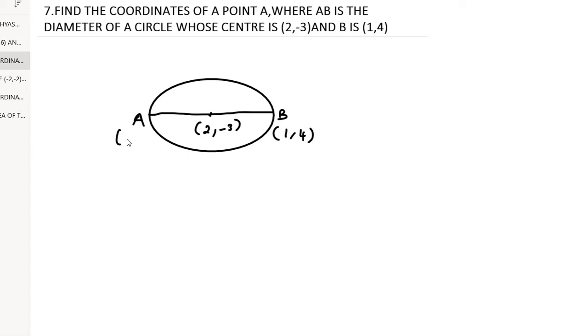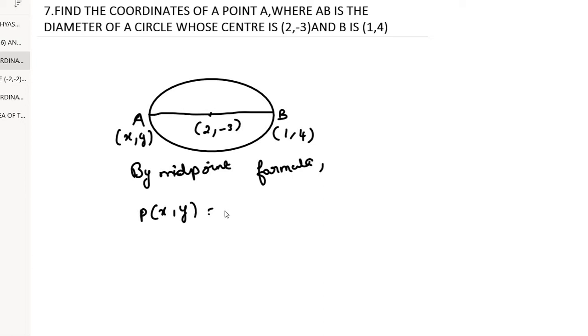So I don't know the coordinate point of A. So I'm taking (x, y). Same, I can use the midpoint formula. P of (x, y) is equal to (x1 plus x2) by 2, (y1 plus y2) by 2.